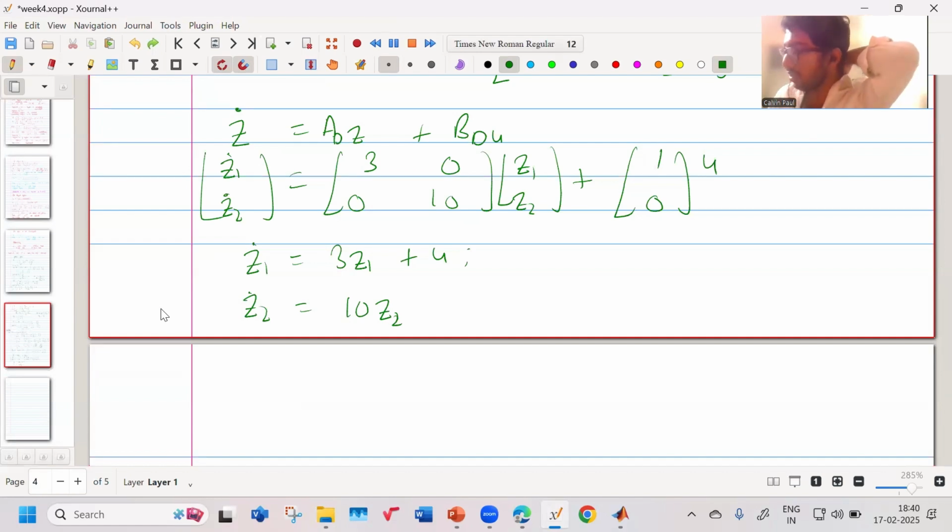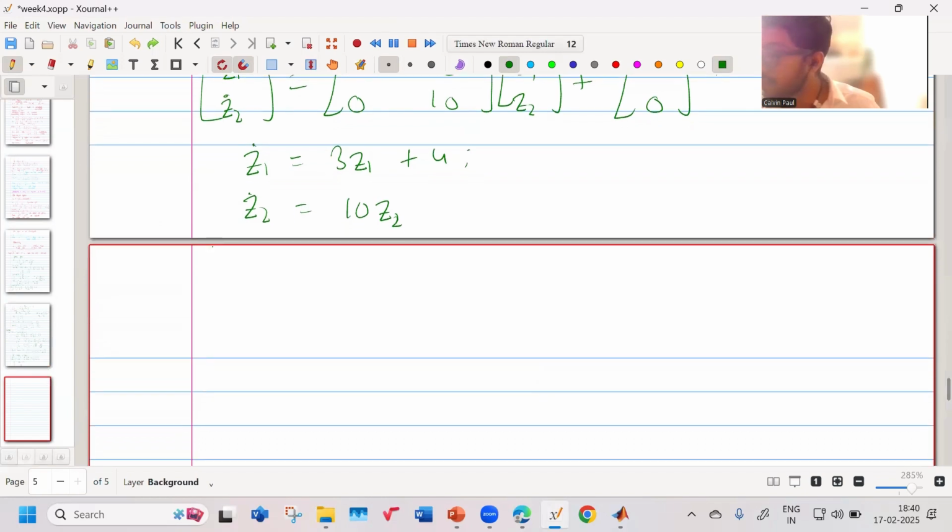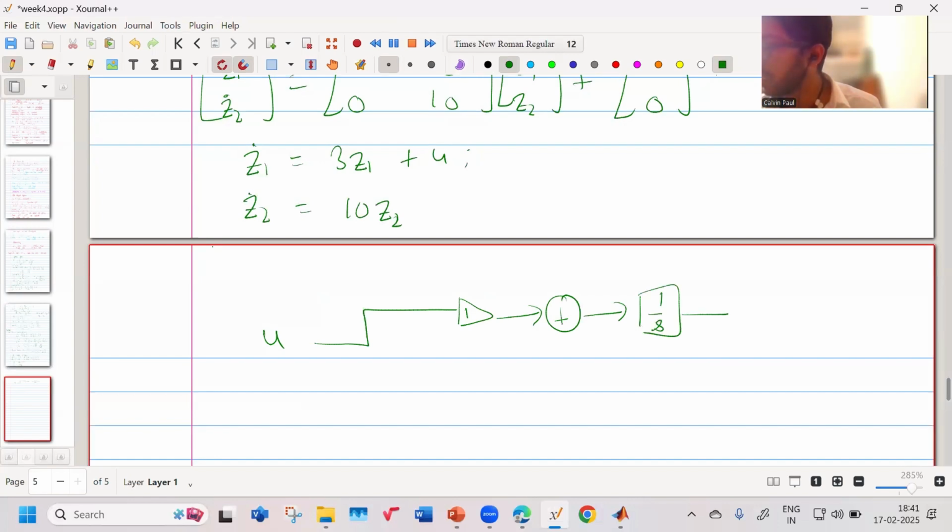So that's why, again, the system is still uncontrollable. You can see it is still uncontrollable because Z2 dot is not controlled by U. If you write it further, you have your U input going here with gain 1, then a summer, and then a 1 by S term, that's your integrator.